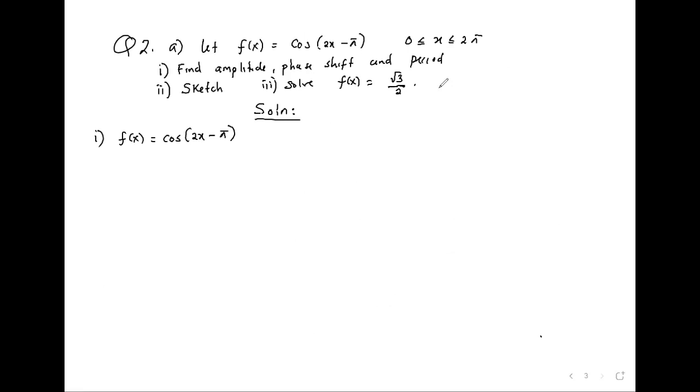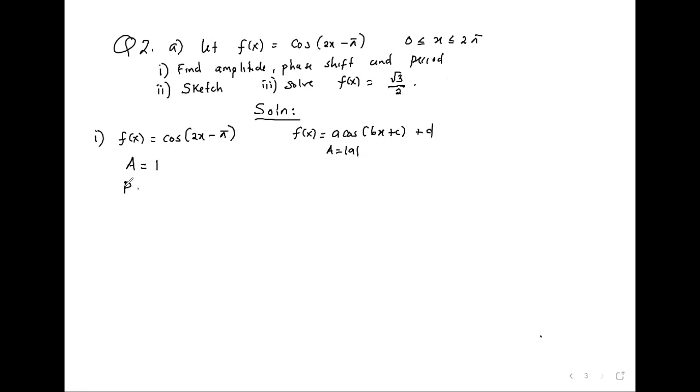Okay, so what's the amplitude for cos here? You're always picking things from the general case, which is A cos(bx plus C) plus D. The amplitude is the absolute value of A. Here the coefficient of cos is 1, so the amplitude is 1.